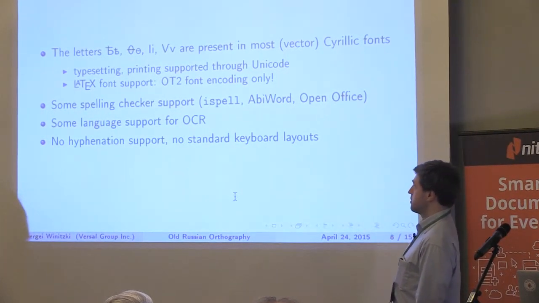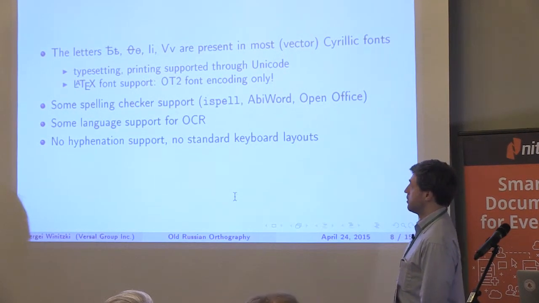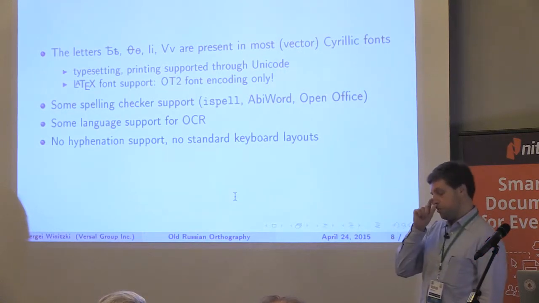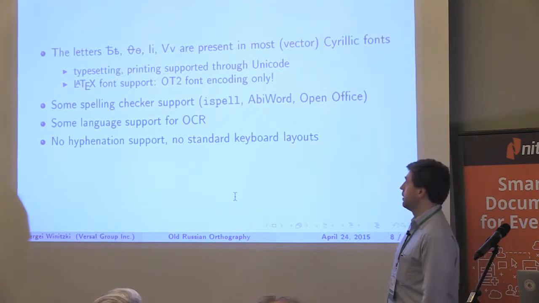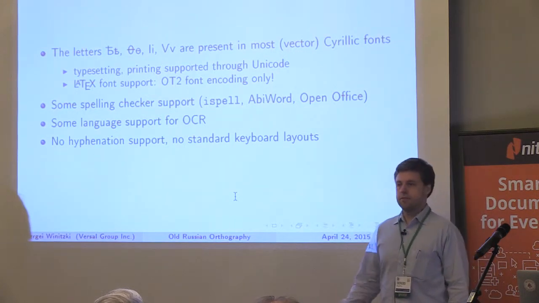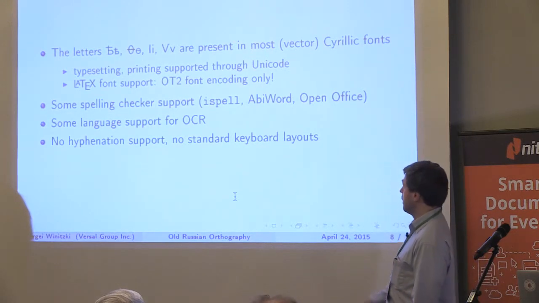LaTeX still has the font support, which is marginal but existing. There is now spelling checker support coming from my project and perhaps coming from other people. iSpell, I'm not sure if everybody knows what that is, an old Unix text mode program for spelling check.